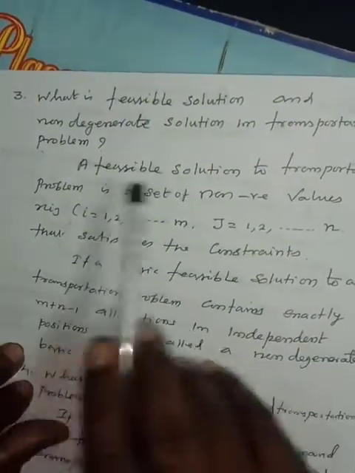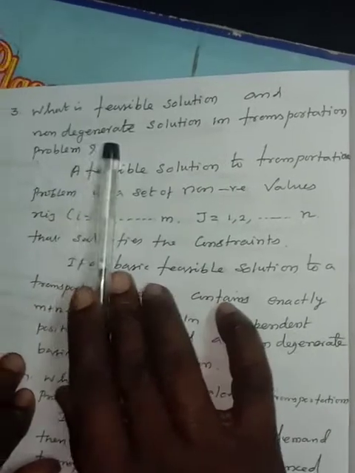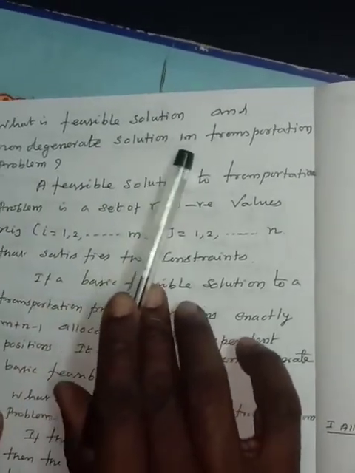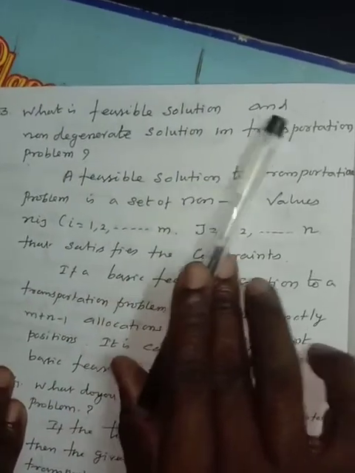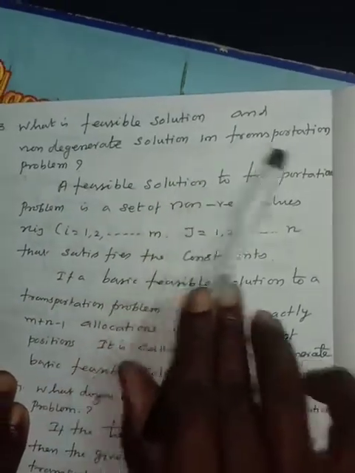Question number 3. What is a feasible solution and a non-degenerate solution in a transportation problem?